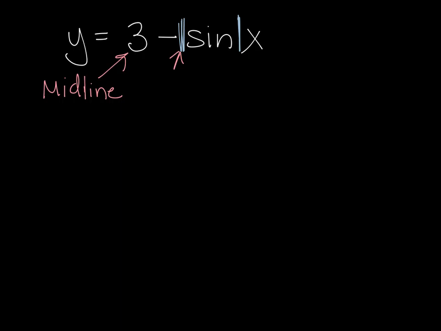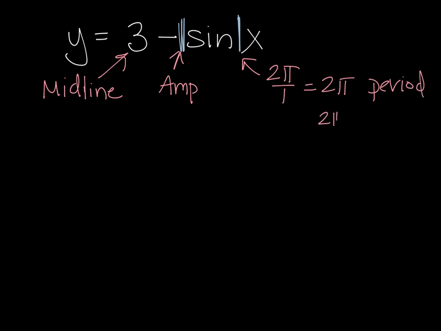Our amplitude, our distance from the midline, is 1. And B is 1. So 2 pi divided by 1 will stay 2 pi. That's my period, which is the length of the pattern. And I divide that by 4 to get the scale. 2/4 is 1/2, so pi over 2 is the scale that I'm going to count by on the x-axis.